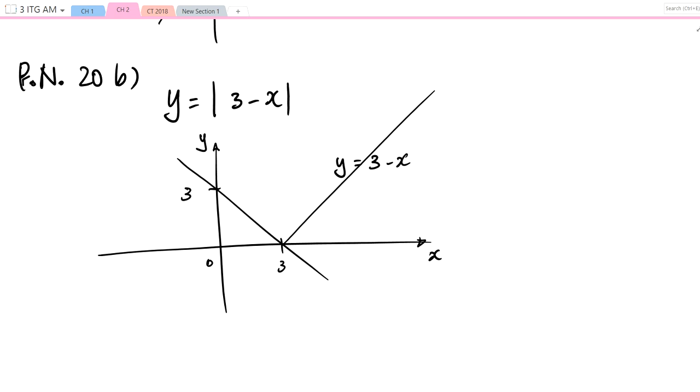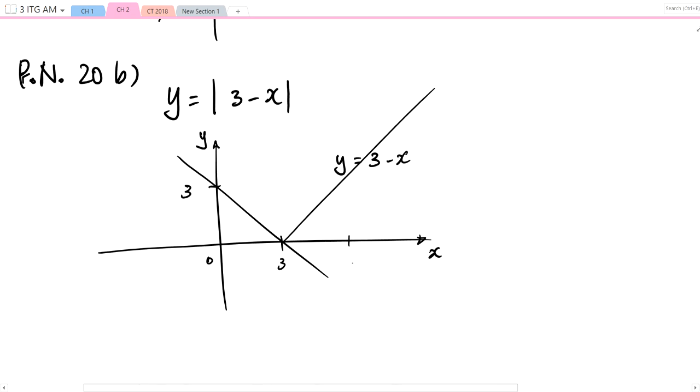Now one thing to take note of, because it is reflected upwards, if I want to consider, for example, when x equals 6, the value of y, so y equals modulus of 3 minus 6, is supposed to give me 3.